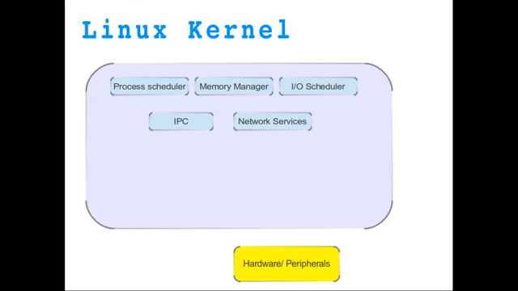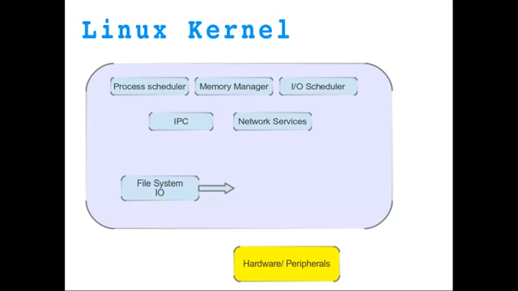So if you have multiple threads running, you can have synchronization between them. And then the kernel also has the ability to interface with network services, so your NIC cards can work, and so you can have internet access.